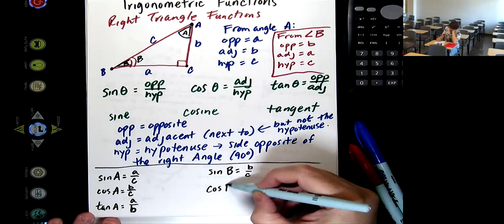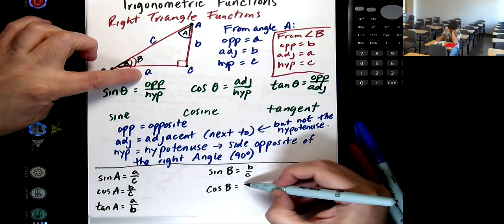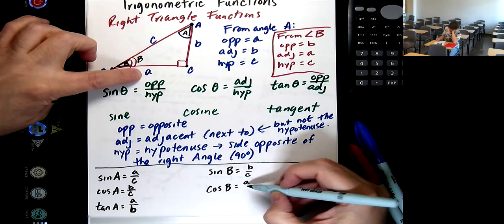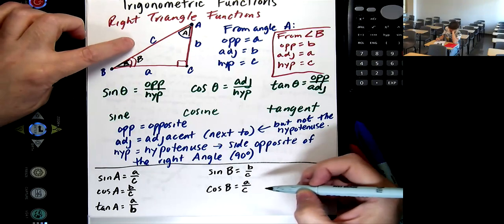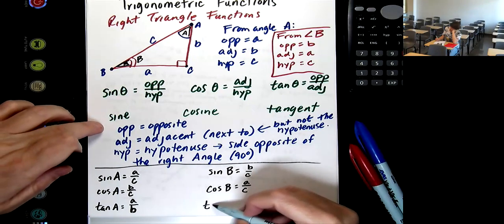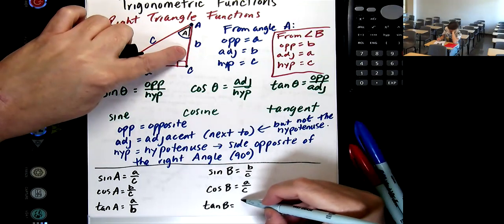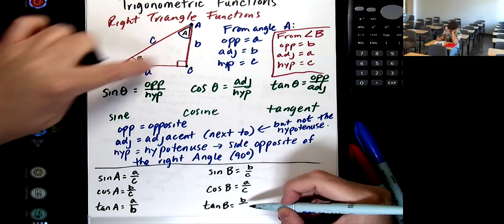Cosine of B is adjacent, which is a, over hypotenuse, which is c. And tangent of B is opposite, which is b, over adjacent, which is a.